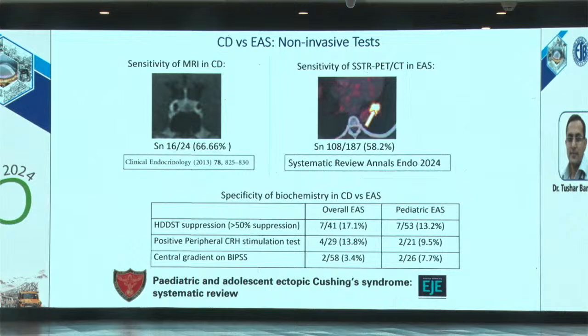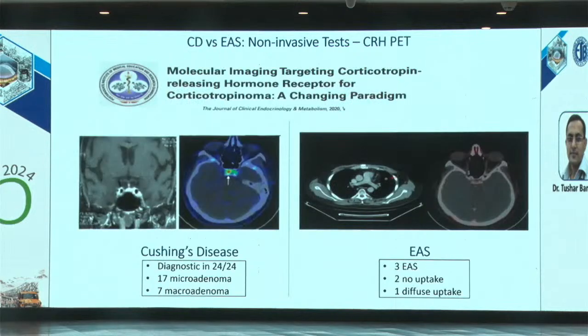But the diagnostic yield is not really good, and hence we use more of IPSS, the CRH stimulated and vasopressin stimulated IPSS, to look for the diagnosis. In fact, the false positivity is in the range of less than 3%, suggesting that this is the best test to look for this particular case.